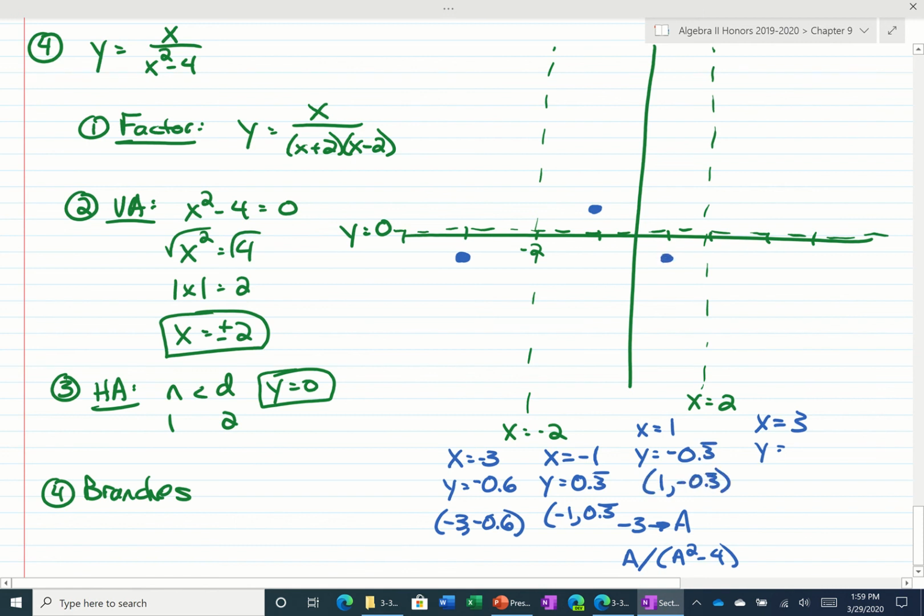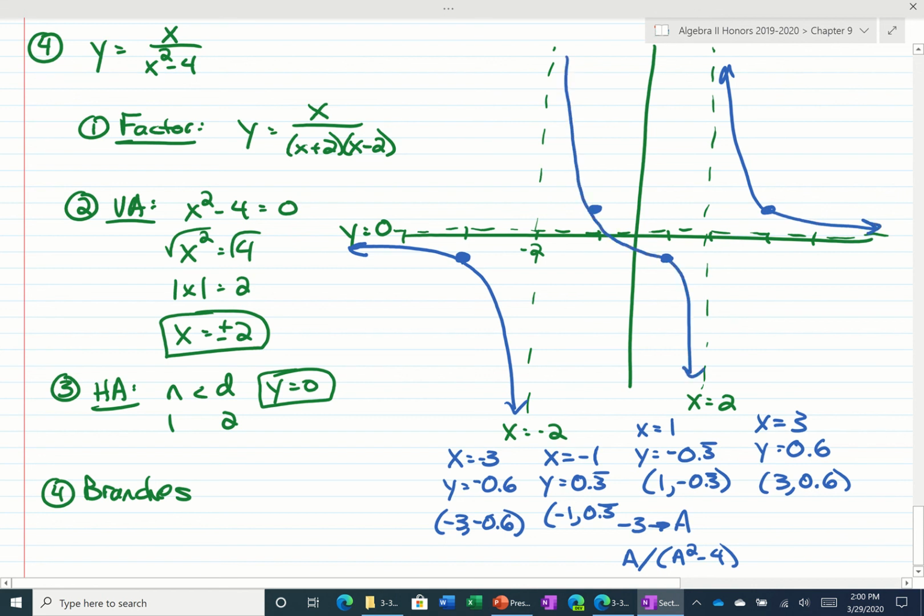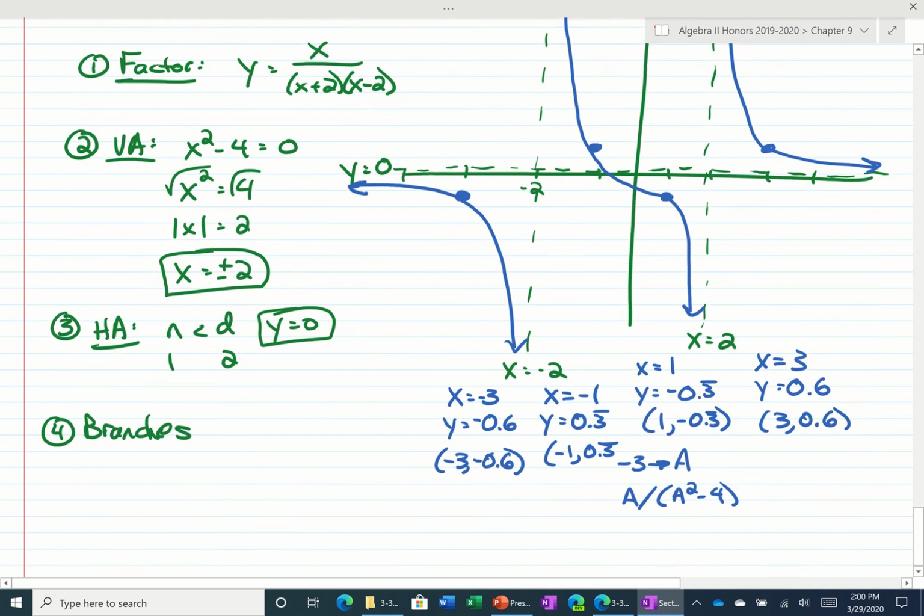It's below the horizontal. And then if we store in 3, we get 0.6. So the point 3, 0.6 is on the graph. Remember, on the ends, we just approach the asymptotes. And in the middle, if we have one above and one below, they cross over looking like a cubic function.